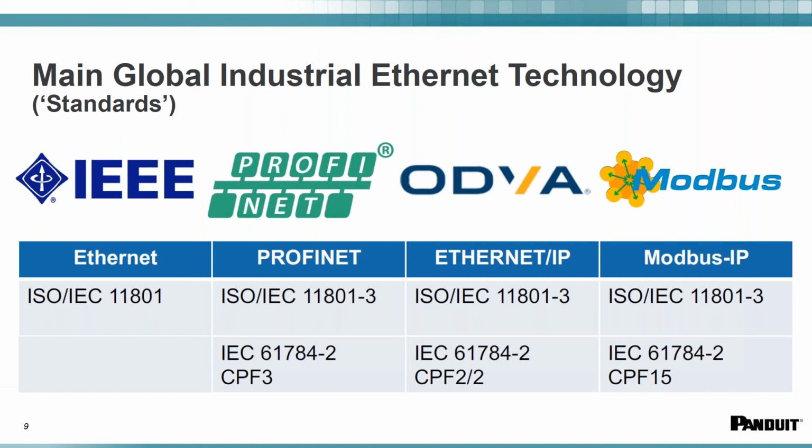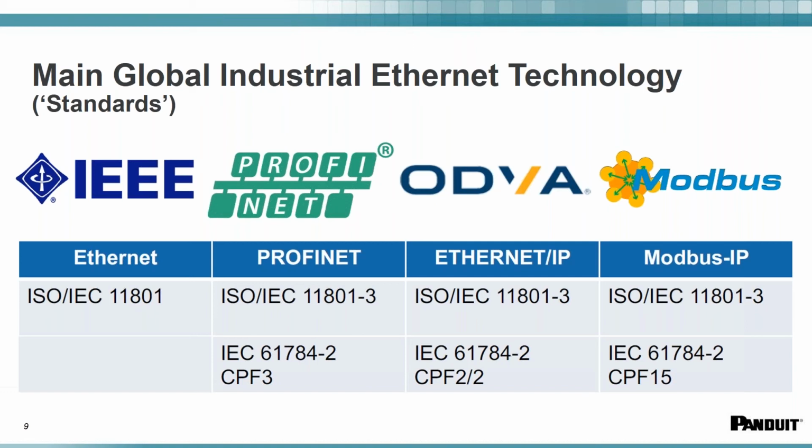But before we get there, we need to be cognizant of the fact that we are not living in a bubble. These standards exist in different forms depending on where you are in the world.